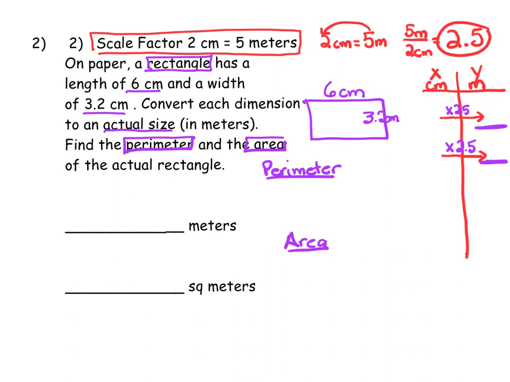Pause the video and complete this on your own. An answer key has been included in today's lesson. So once you're done with page 4 and you've answered this second problem completely, compare it with the page 4 answer key. This concludes page 4.